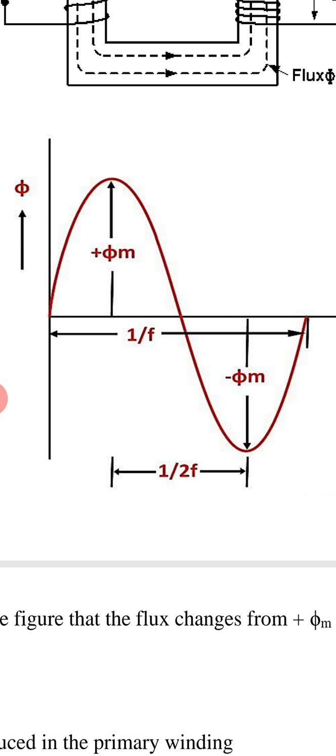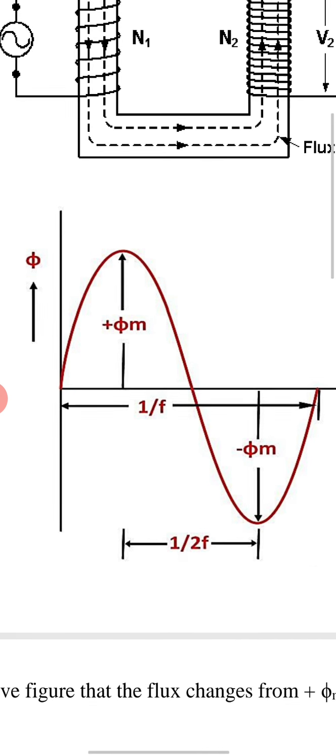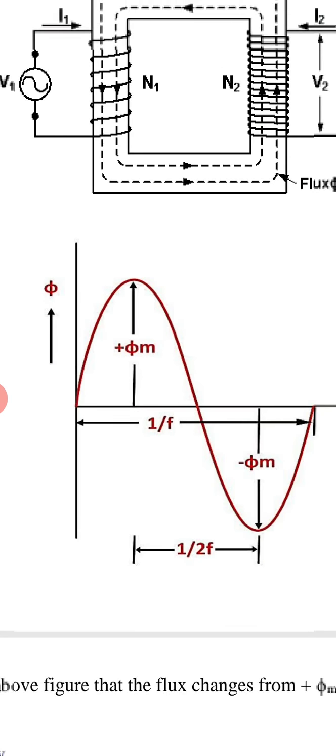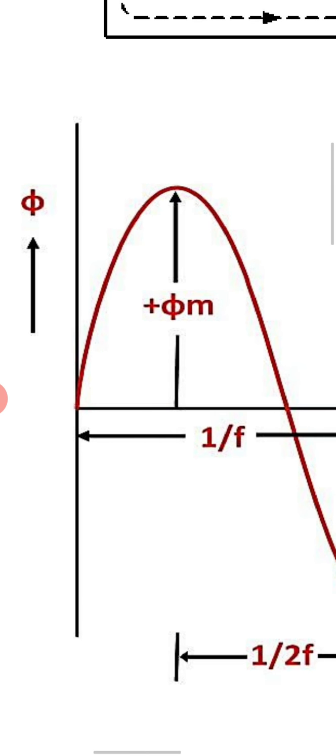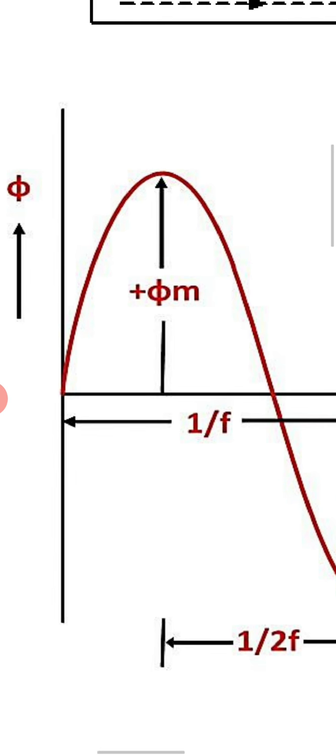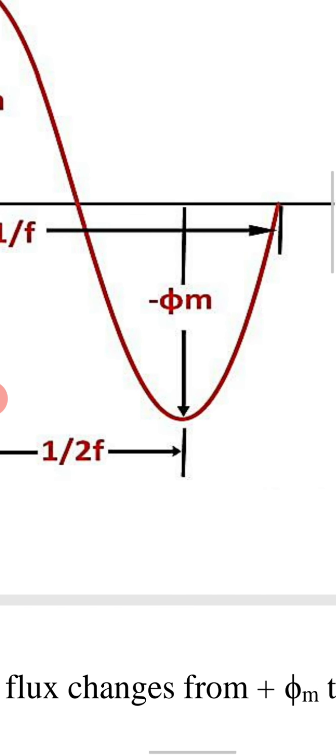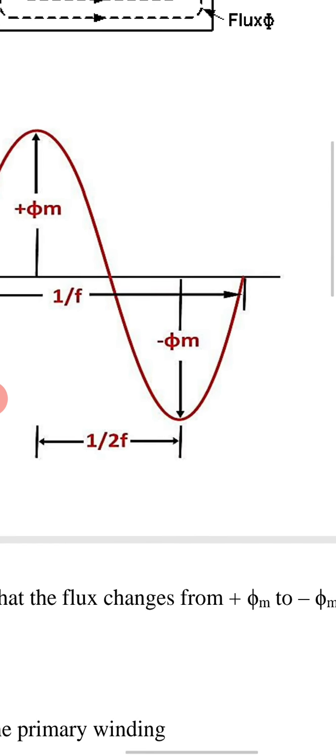This is the waveform of flux, completing one complete cycle. It has a positive half and a negative half. The positive peak is plus phi m of the flux in Webers and the negative peak is minus phi m.